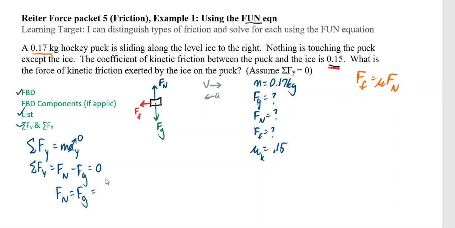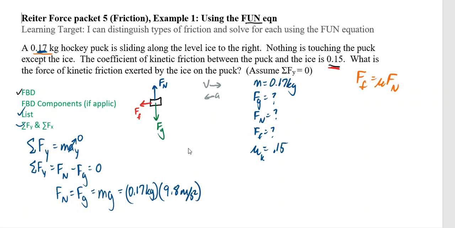Which, by the way, I don't know what that is, but wait, I do know gravitational force is equal to m times g. Yes, good. And I do happen to know the mass. The mass is given to me as 0.17 kilograms, and then I'm going to multiply by g, which I'll use as 9.8. You can also use 10 in some cases. I'll use 9.8 meters per second squared.